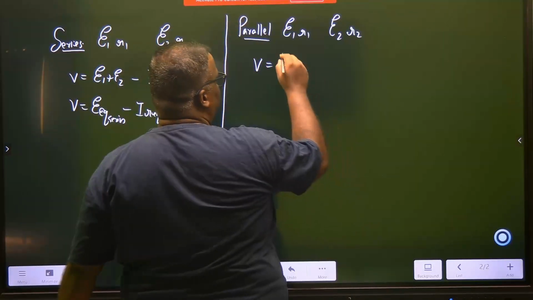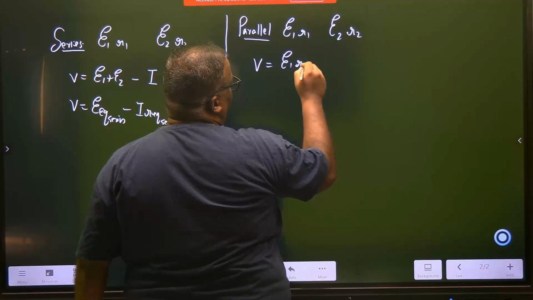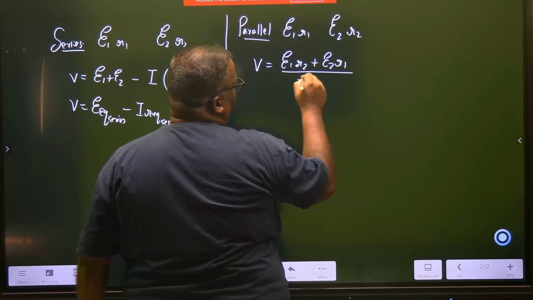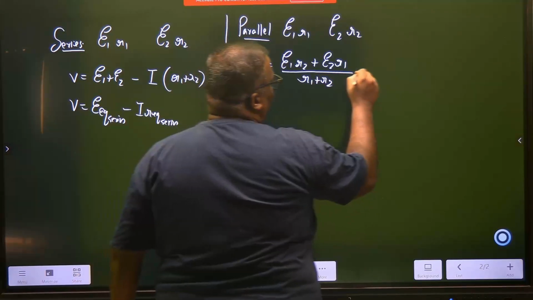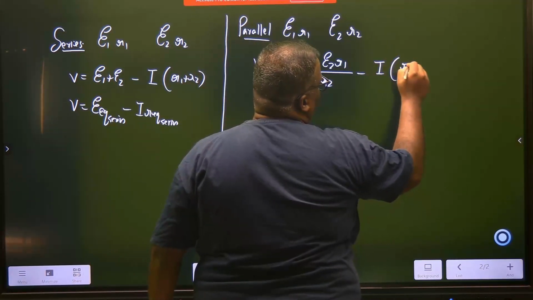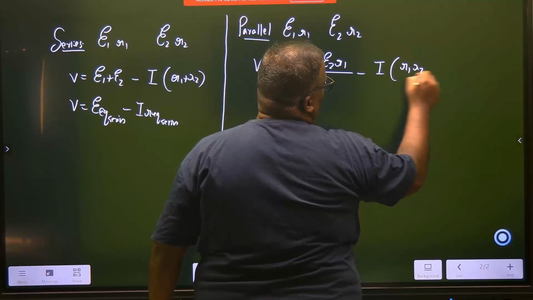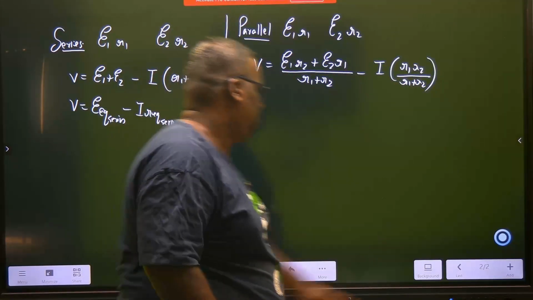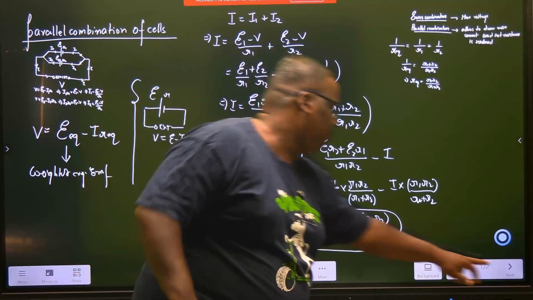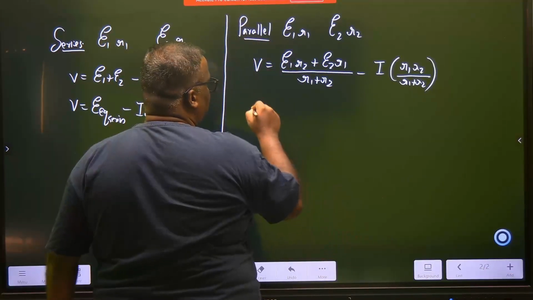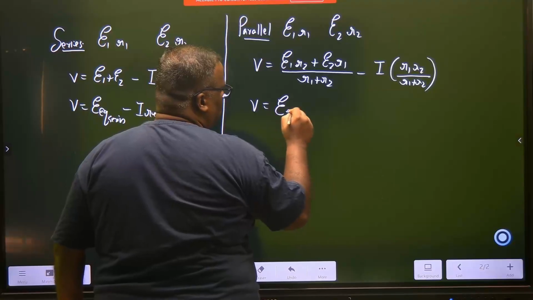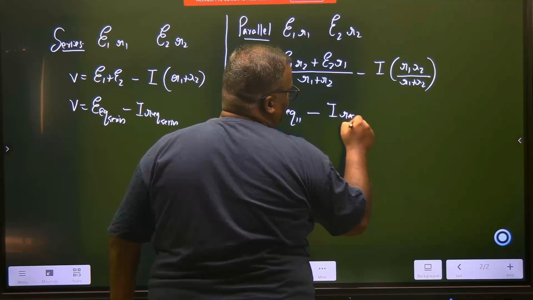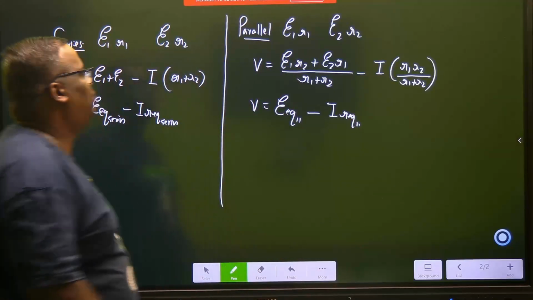So the weighted average is E1 with the resistance of R2 plus E2 with the resistance of R1 divided by R1 plus R2 minus I into the potential drop, which is R1 R2 divided by R1 plus R2, right? If you see the same thing, that means we say V is equal to E equivalent parallel minus I R equivalent for parallel. This is the story.